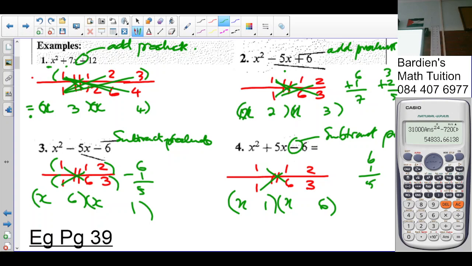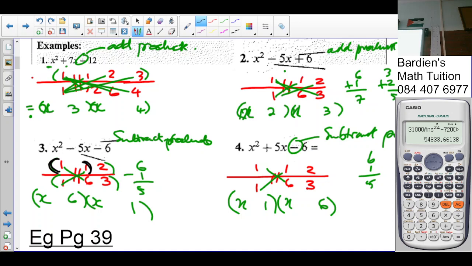Yes? You just have to cross multiply. No, I know how to do that, but just now, which one's going in the bracket? You see that this one here and that one goes in one bracket.